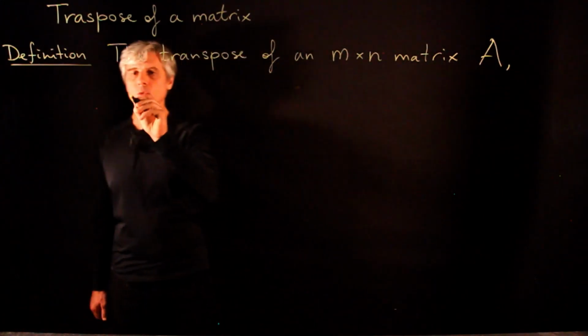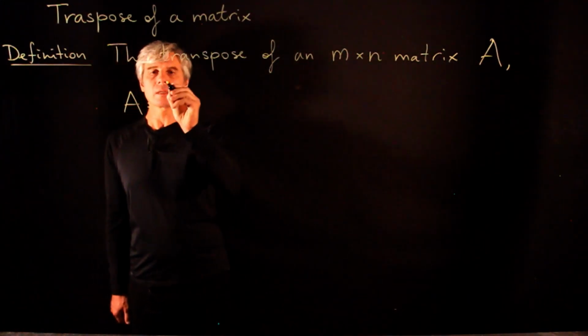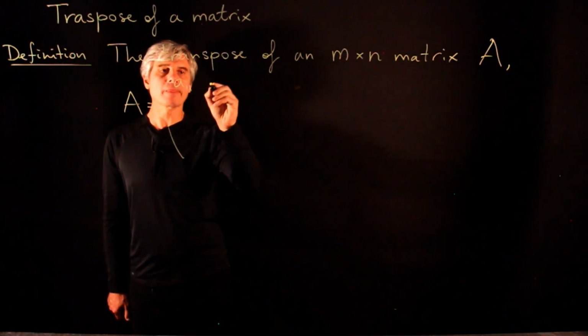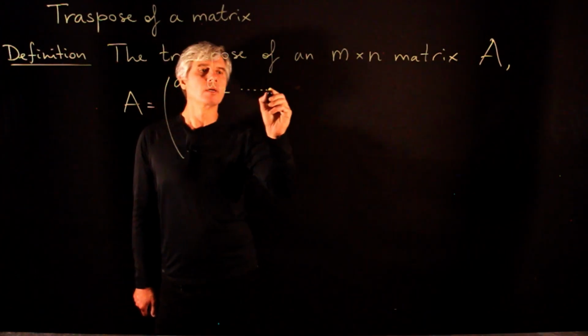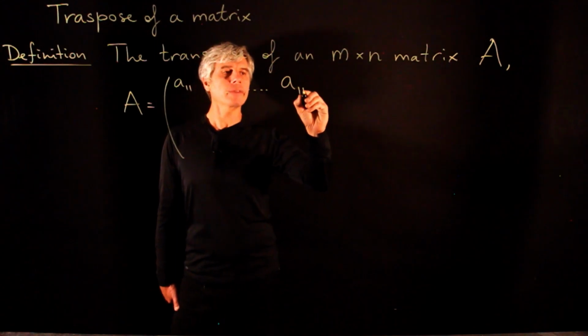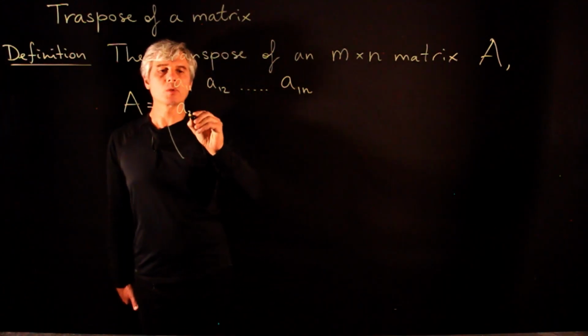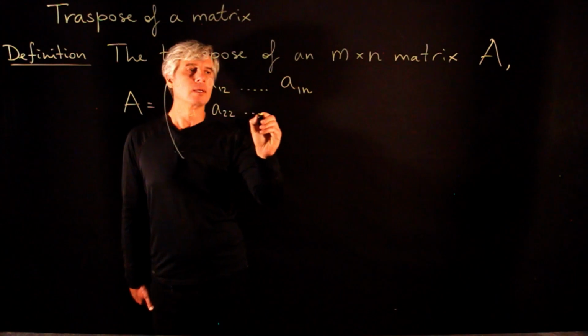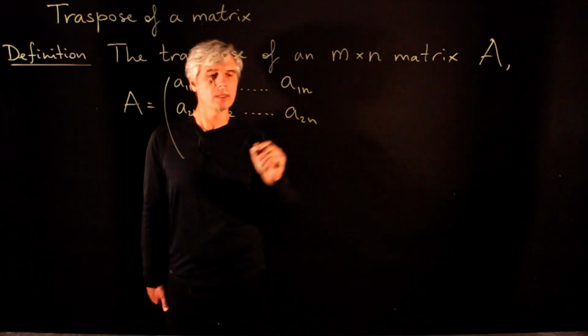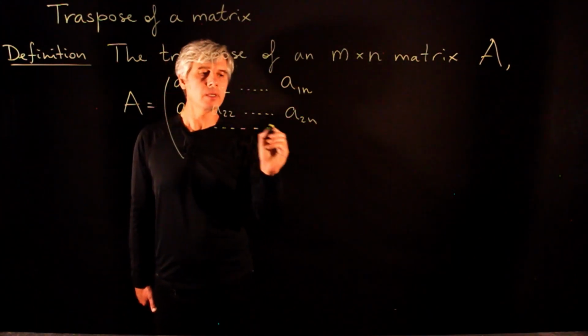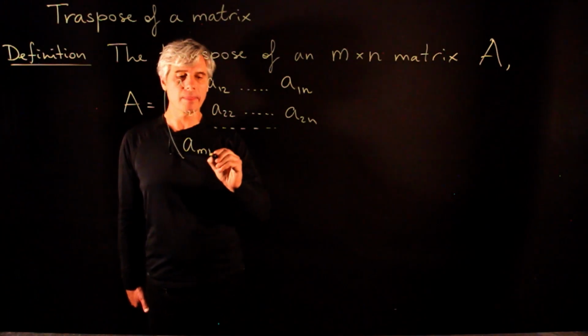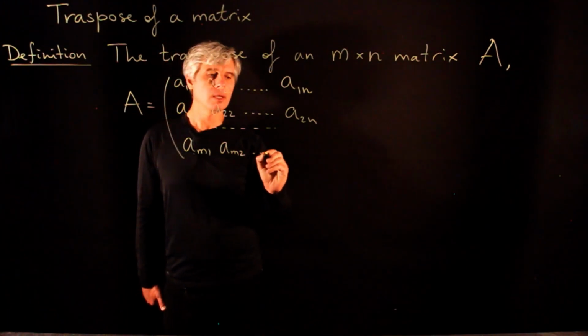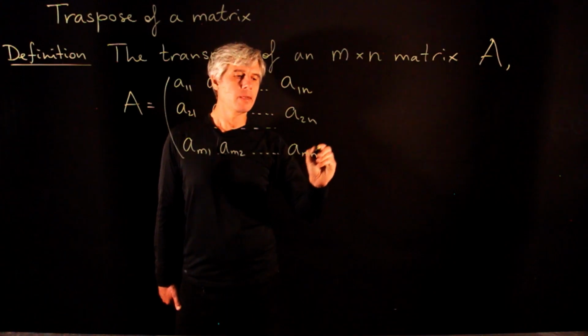So let's, as usual, write A as follows. A11, A12 up to A1N, A21, A22 up to A2N, and so on. AM1, AM2 up to AMN.